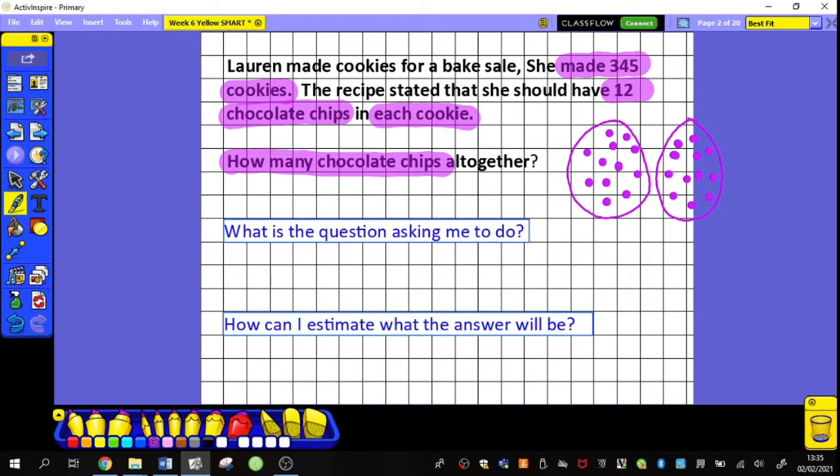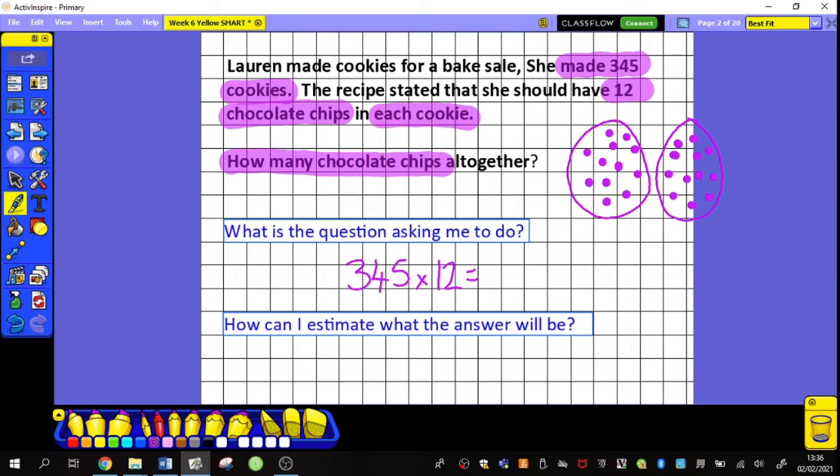Then I would do 12 times 2 because there are 2 cookies, and I have 24 chocolate chips. If she baked 3 cookies, then I would have another lot of 12, and that would be 3 lots of 12, 36. So my question is asking me that she's made 345 cookies, so 345 multiplied by 12. That's the calculation I need to do.